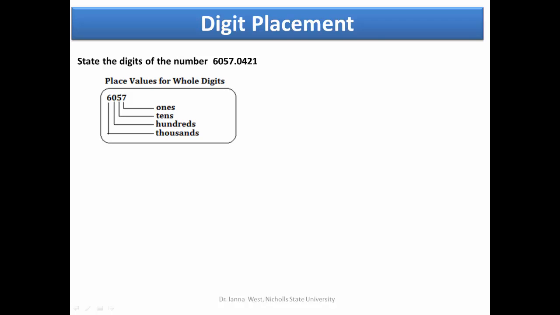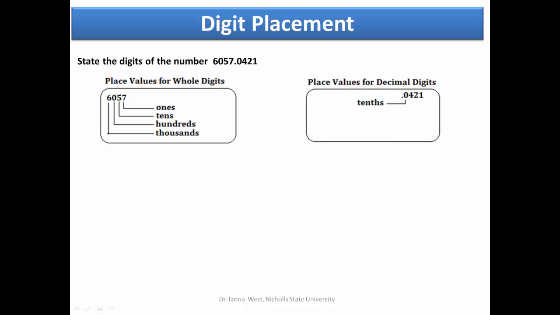We will now look at the place values for the decimal digits. 0 in this case is in the tenths place, 4 is in the hundredths place, 2 is in the thousandths place, and 1 is in the 10,000ths place. Notice that the place values for the decimal digits are all spelled with the suffix ths.